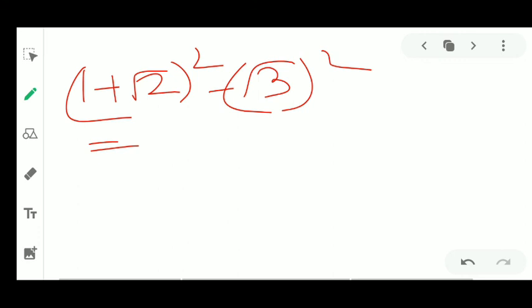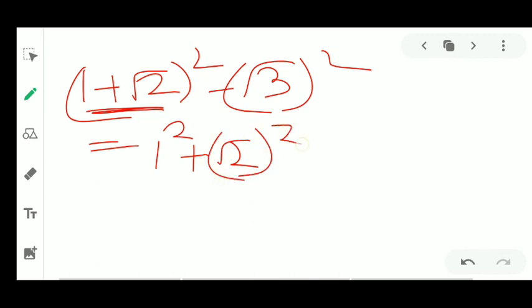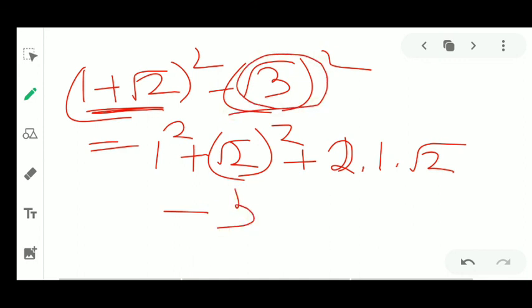Now here again the number is in the form of a plus b squared. So a squared plus b squared plus 2ab, 2 into a into b, minus root 3 squared is 3. Clear?